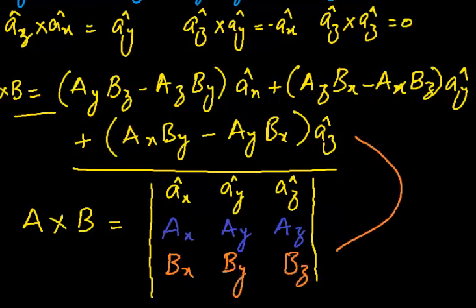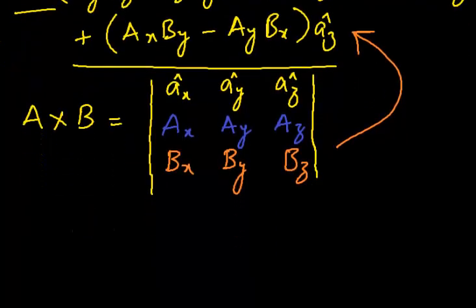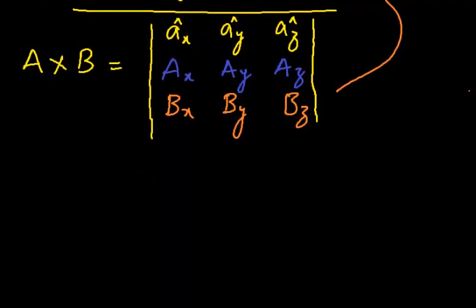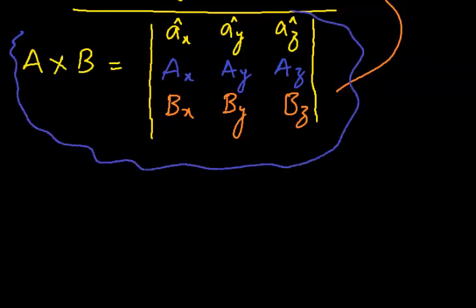When you solve it, you are going to get the same result. This is rather easy to remember, and this is the cross product resultant. You need to remember this in order to solve the cross product between two vectors.